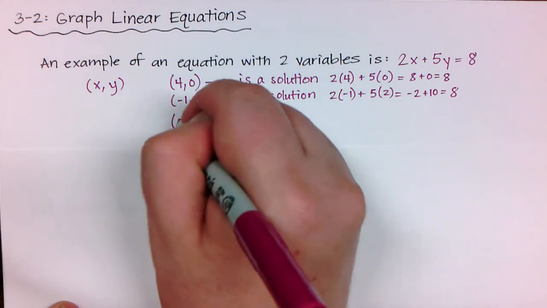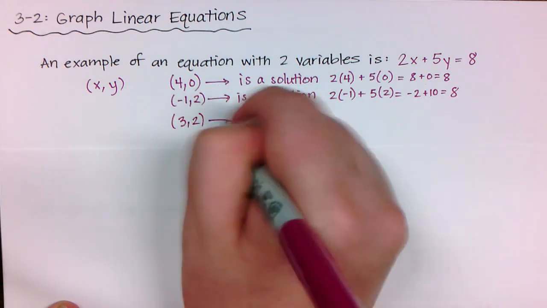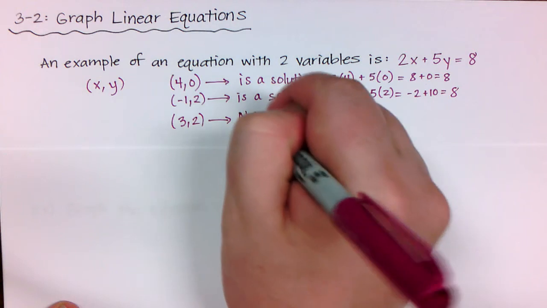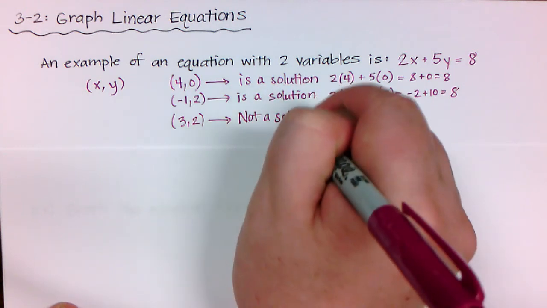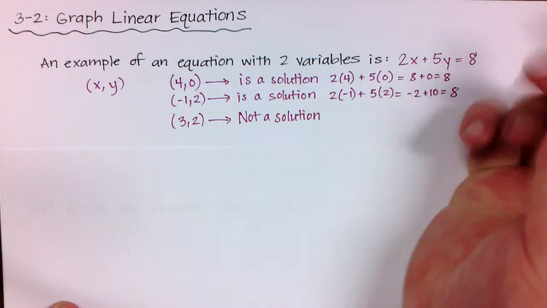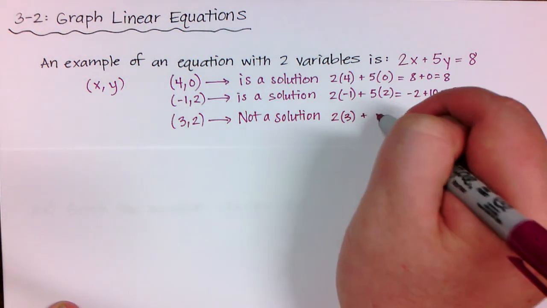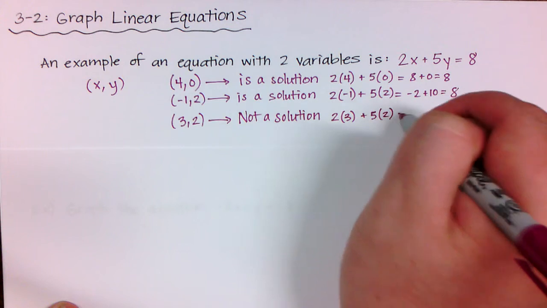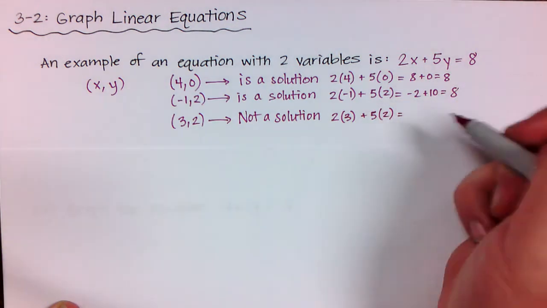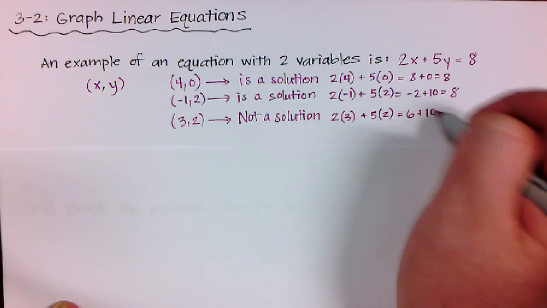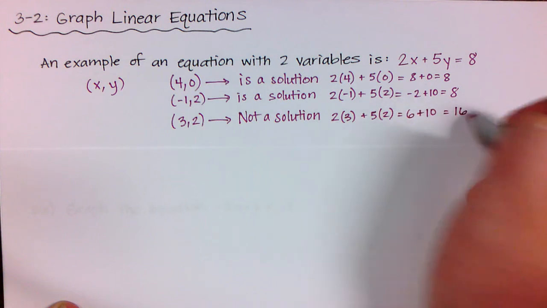Let's do one more. 3, 2. This one you're going to find is not a solution. And the reason is when I plug it in, again, 2 times 3 plus 5 times 2 is the same as 6 plus 10, which equals 16.